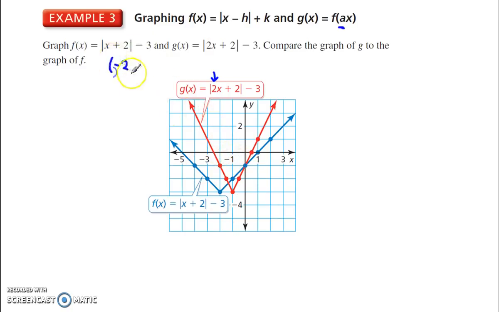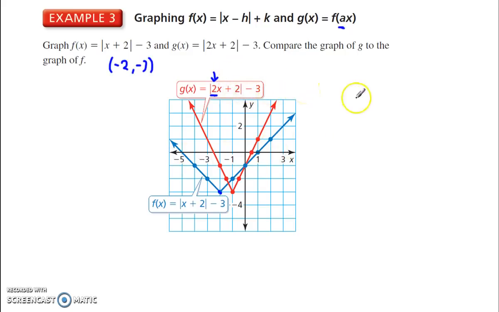So the vertex is at negative 2, negative 3. So there it is. And now this one is the same as that one, except it has a horizontal stretch of 1/2.